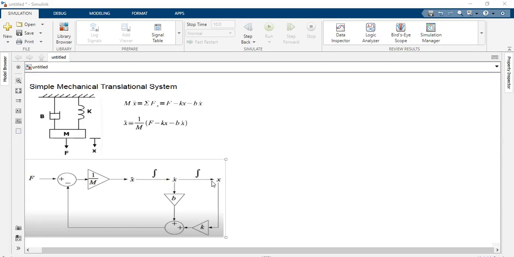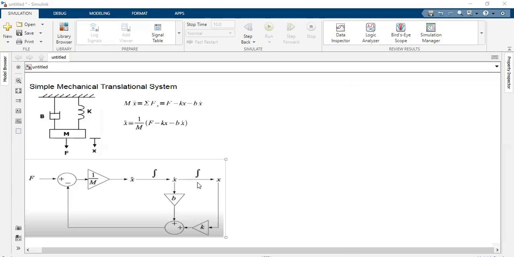Then from x dot we get the signal, which is multiplied with b, the viscous coefficient of the dashpot, and b into x dot is again given to the summer. So the output from this summing block will be k into x plus b into x dot.